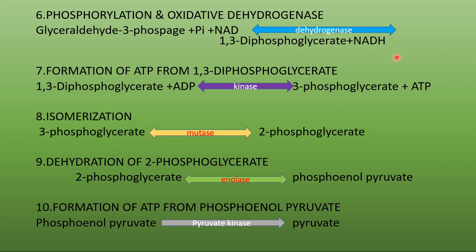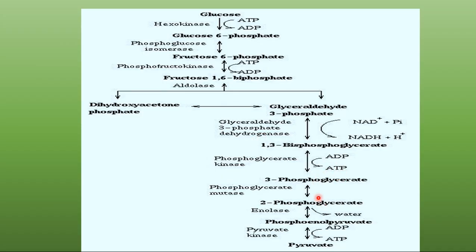In this reaction, as I told you, phosphoglycerate mutase catalyzes a reversible shift. So here you can see how this is a reversible shift of the phosphoryl group between 3-phosphoglycerate and 2-phosphoglycerate.